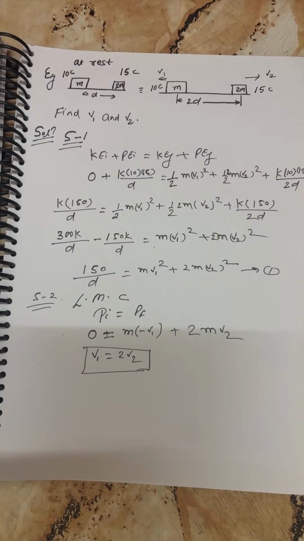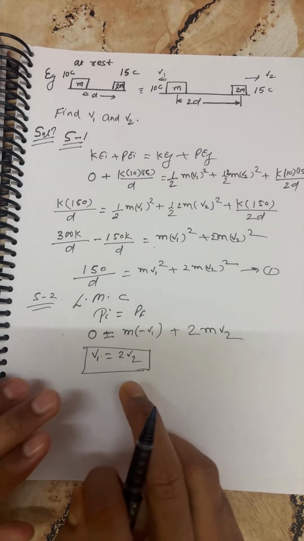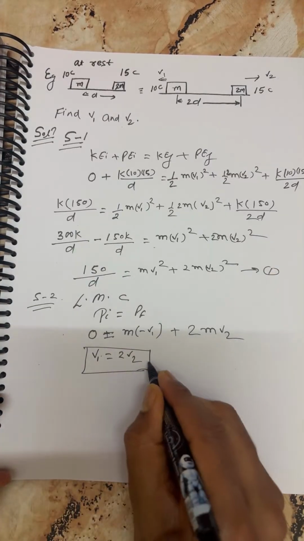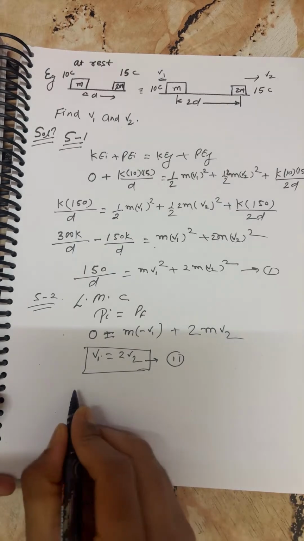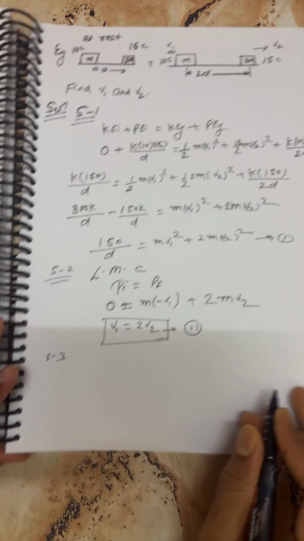Now, for this condition, I'll use this in equation number one. I'll use equation number two values in equation number one here. So in step three, I'll just calculate further.